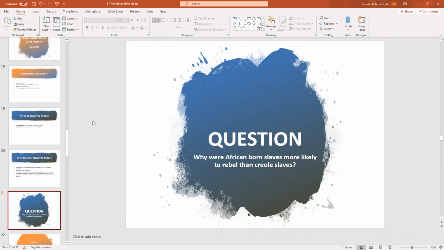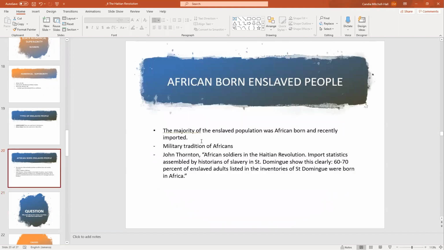All right? So back to this point, the majority of the enslaved population in Saint-Domingue at the time were from Africa. They were African-born. And because they were African-born, they knew freedom, so they were going to fight for their freedom.